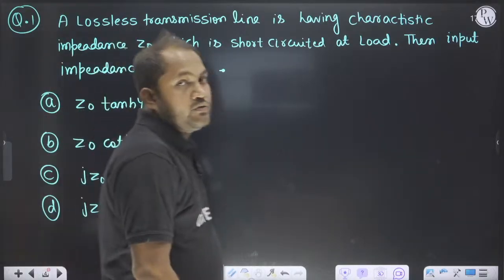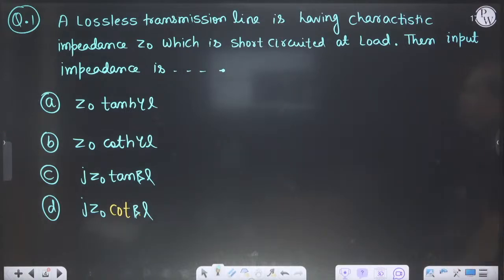I have given this question as homework also. So we are going to discuss this topic.